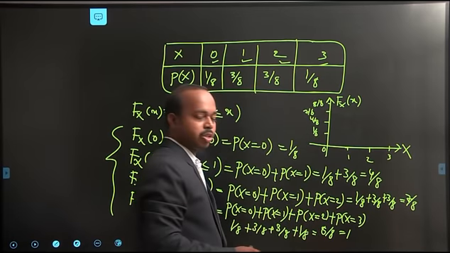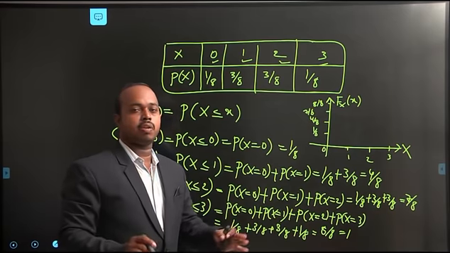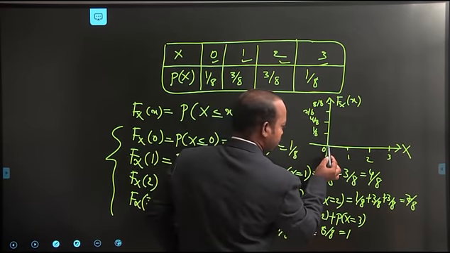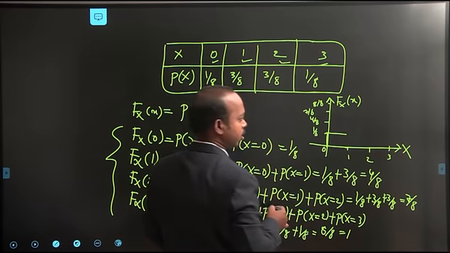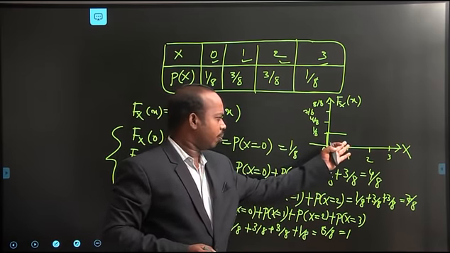Now I am representing the entire set of values in a step form. At 0, the quantity is 1 by 8, and the step extends up to 1.